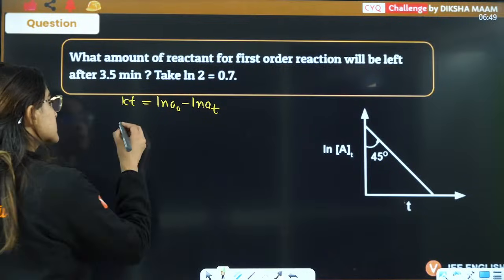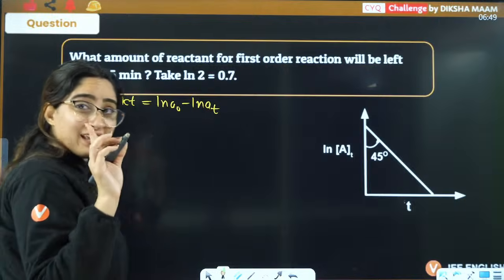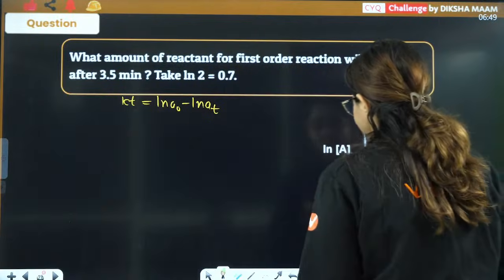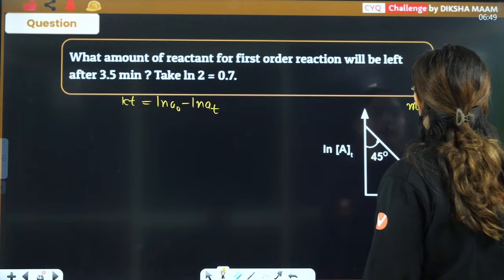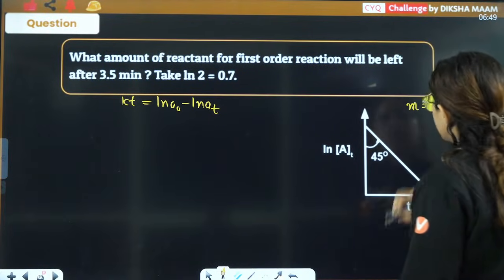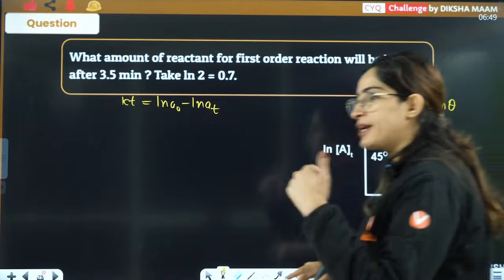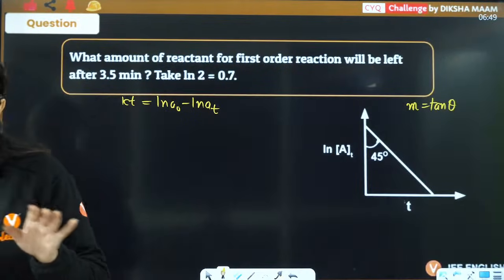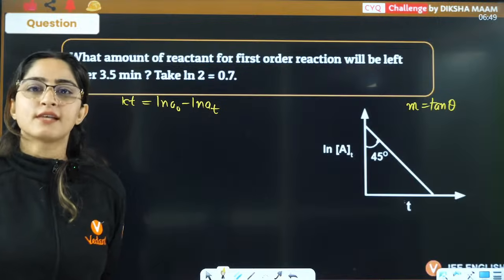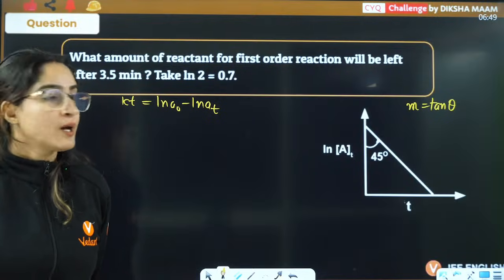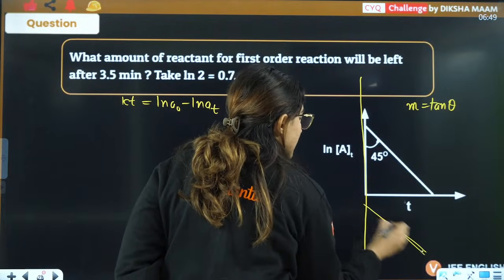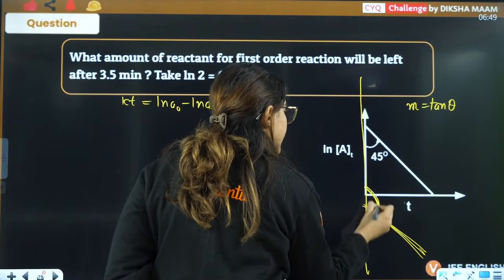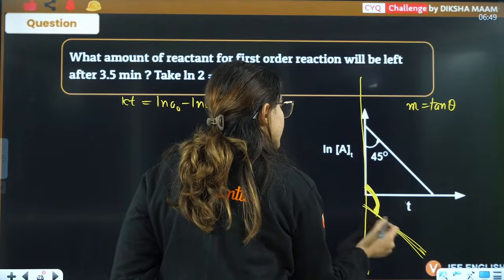Now if you see this here, the slope, because the angle is given to you, and we know that slope is equal to tan theta. Now some students will make this mistake, they will directly write theta as 45 degrees. But that is not right. If you draw this line like this, this is the theta that you have.